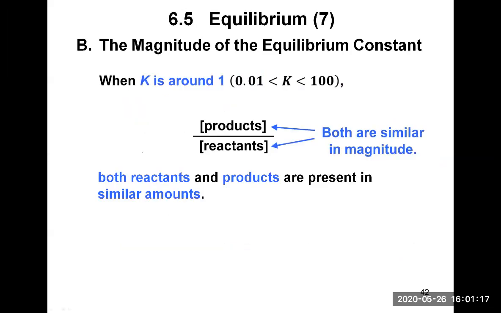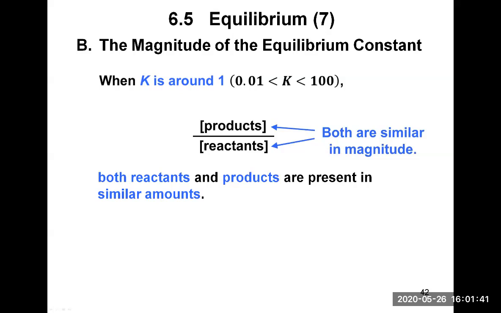And when K is around 1, and 1 is really a simplified value here because it really goes from a K value of 0.01 to 100. It's not just around 1, it's 1 divided by 100 and up to 100 that is considered around 1.